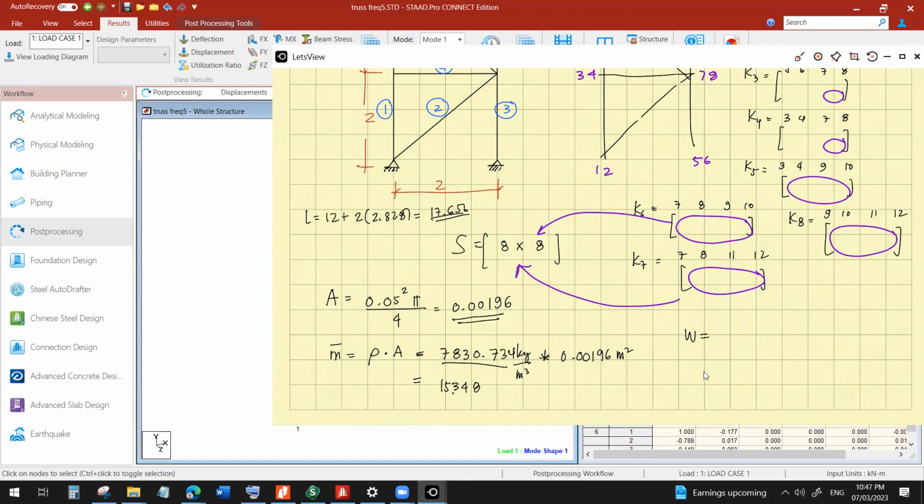Ayan. 15 point ano, kilogram per meter times the length, 17.656 meters. So that will be 270.988 kilogram or 2.66 kilonewton.